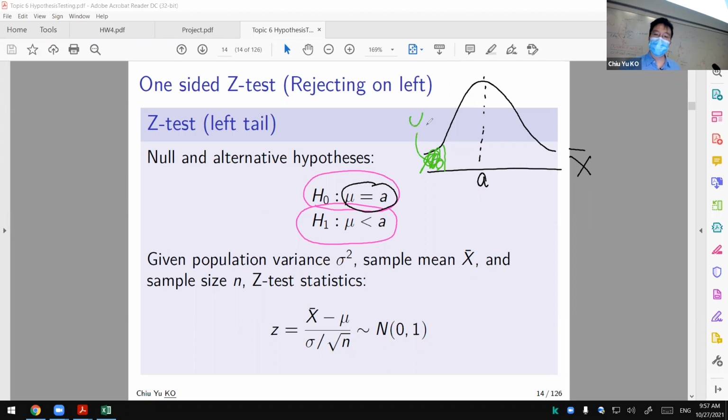We put the alpha there. If the X bar is in the green area, we reject. Outside the green area, we will not reject. So that is the main goal, okay? But we don't do it directly, we'll do it in Z space. Instead of doing this, we were doing that. But you know they're the same thing, right? So instead of this, we're doing this. This is Z.